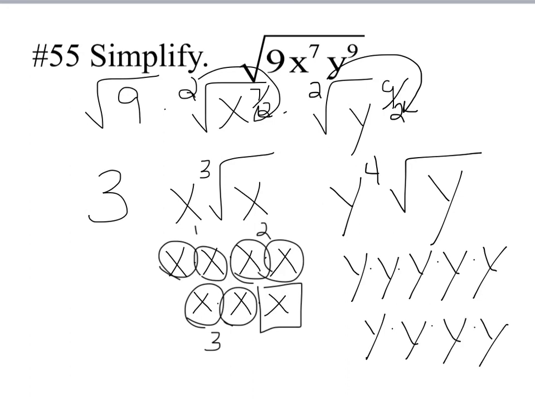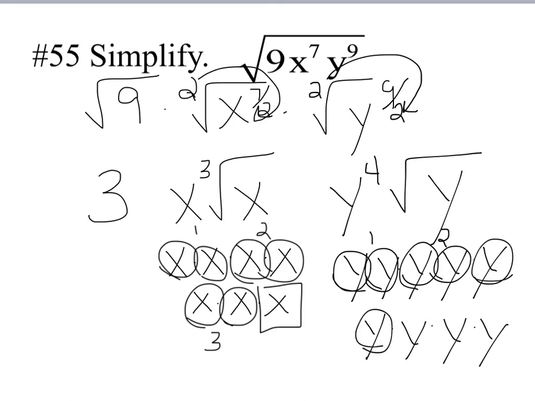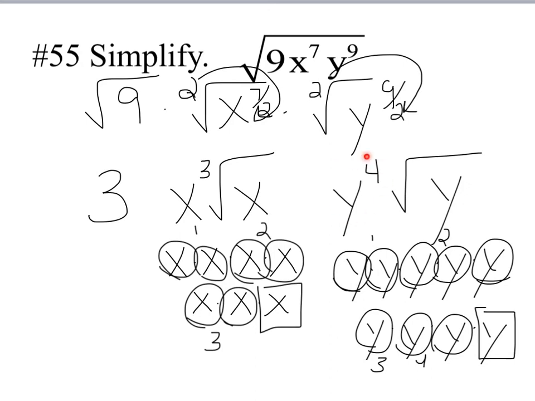You need 2 in order to be able to pull 1 out. So 1, 2, that's 1. 1, 2, that's 2. 1, 2, that's 3. 1, 2, that's 4. And you have 1 left behind. So, just like we said right here, 4 y's came out front with 1 left behind. Either way, got to the same answer.